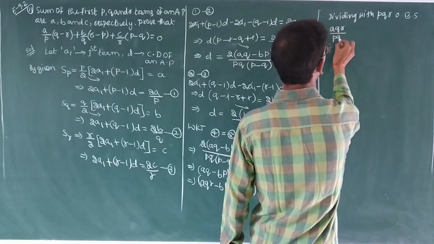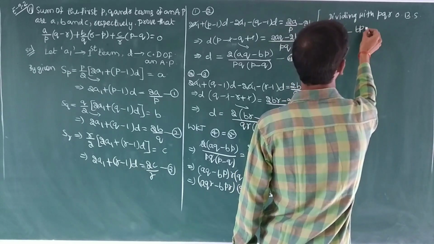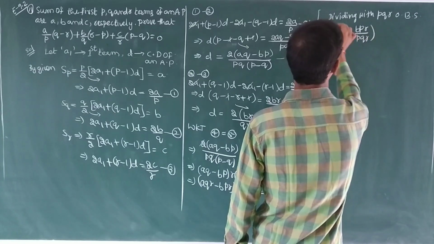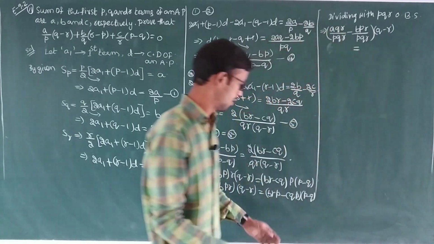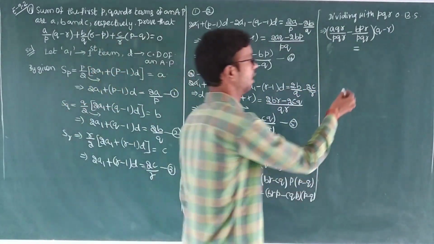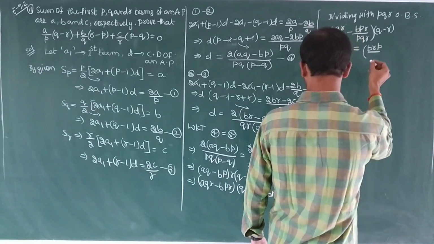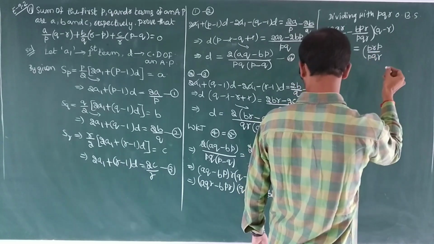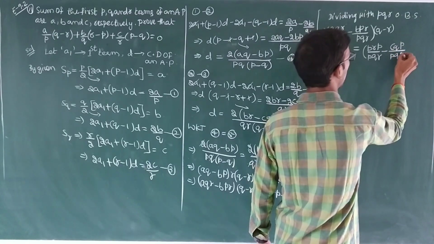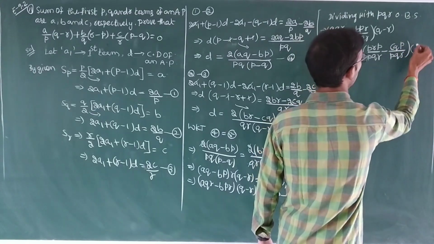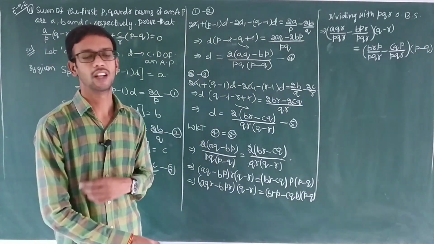AQR divided by PQR minus BPR divided by PQR into Q minus R, that is equal to, this side also we divide, BRP divided by PQR minus CQP divided by PQR into P minus Q, just dividing on both sides with PQR.